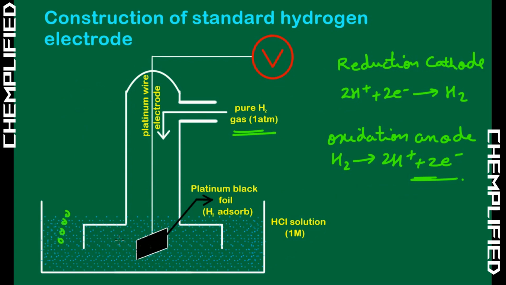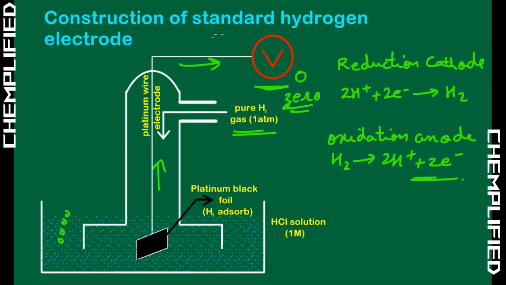Now this voltmeter is present here to detect the flow of electrons, whether some electrons are reaching this voltmeter through this wire or not. It was found that as soon as equilibrium is achieved, the voltmeter reading comes to a value we all know as 0.